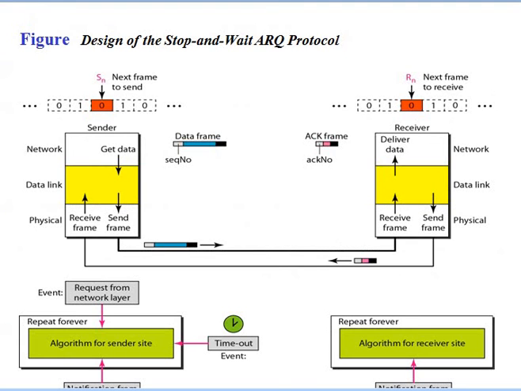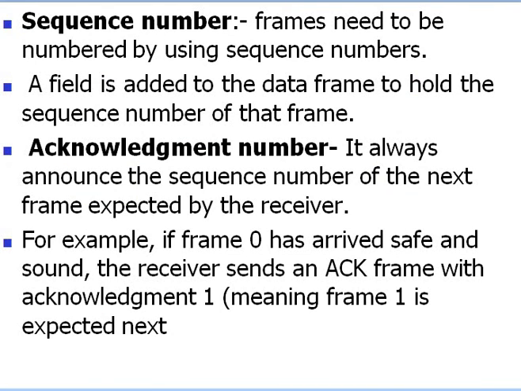Here, the design of the stop and wait ARQ protocol is given. At the sender side, the data frame contains a sequence number, and at the receiver side, the acknowledgement frame contains an acknowledgement number. Frames need to be numbered using sequence numbers.